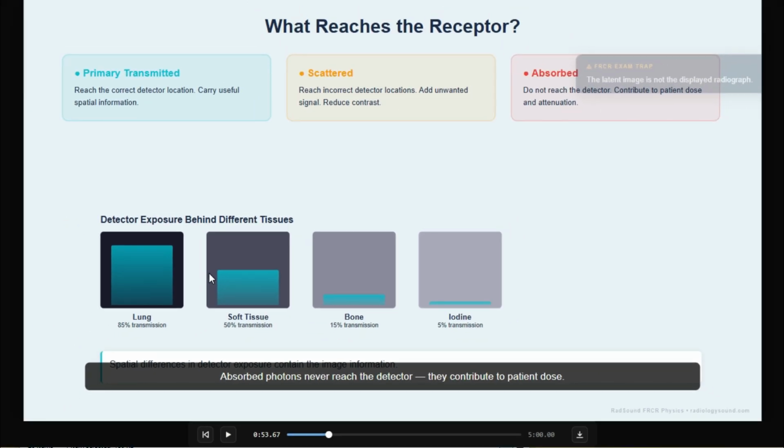Areas with low attenuation, such as air in the lung, would allow 85% or most of the photons to pass and reach the detector. When it comes to soft tissue, around 50-65%, up to the level of iodine that will absorb most of the photons, and only a minimal amount reaches the detector. So these spatial differences in object attenuation will give the structure of the image.